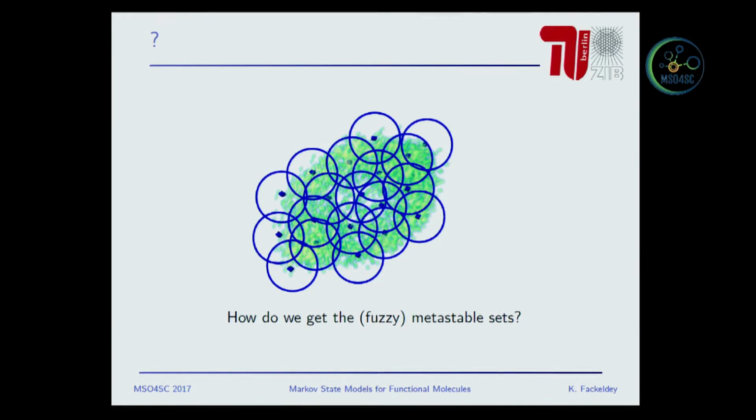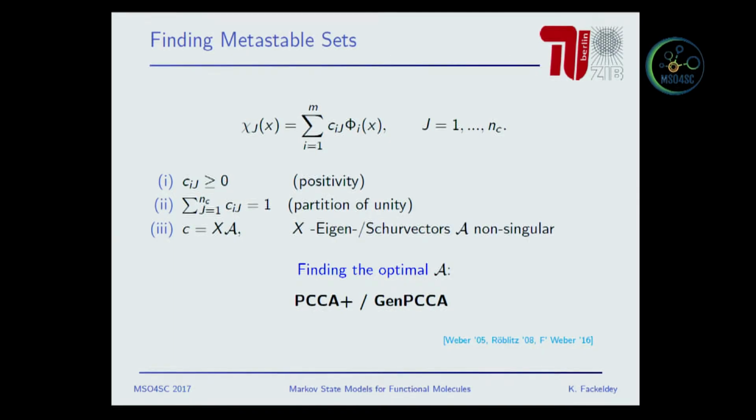But I have not yet told you how to identify these sets, because we simply did this discretization by mesh-free methods, but there is no idea yet how to combine them into metastable sets, so states which are similar. This can be done in the following way, by a tool which was developed by Marcus in 2005.